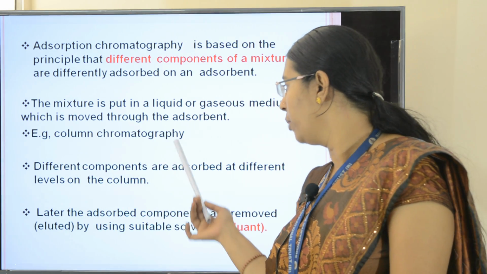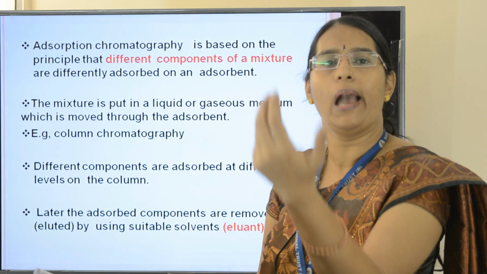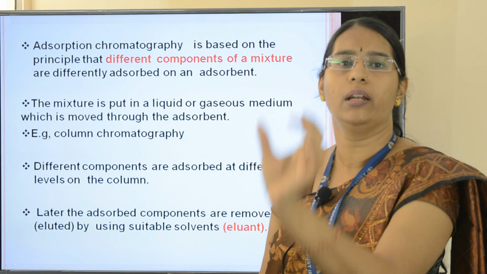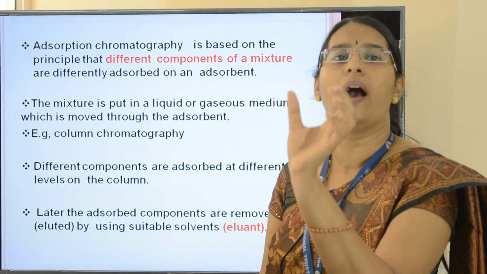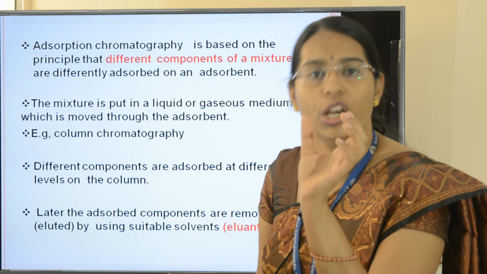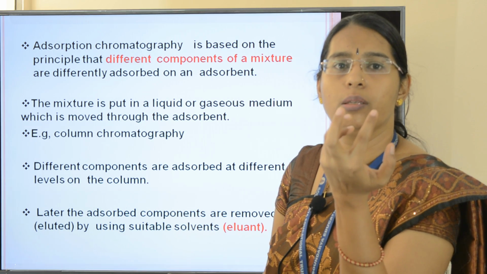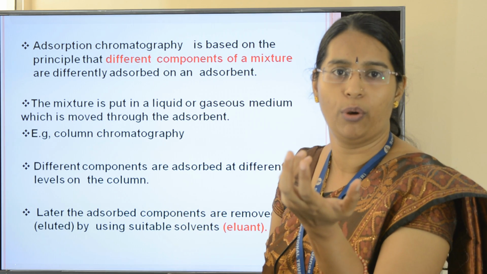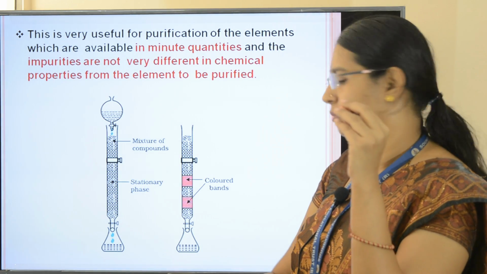In column chromatography, generally a glass column is packed with alumina that acts as the stationary phase, and the component is dissolved in a suitable solvent, maybe in liquid form, and that is added at the top.